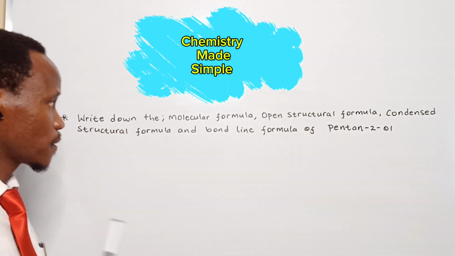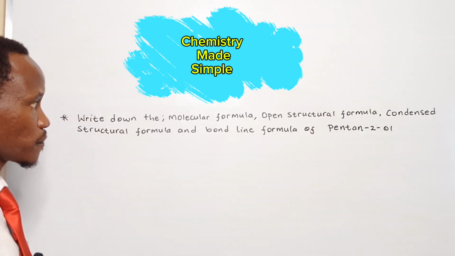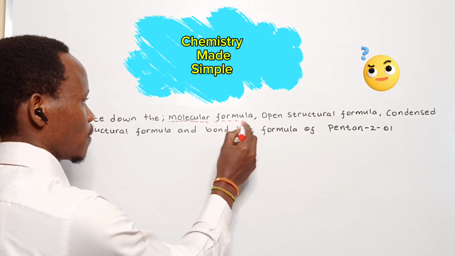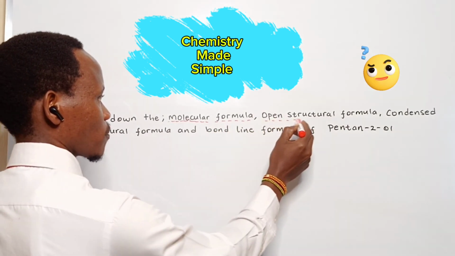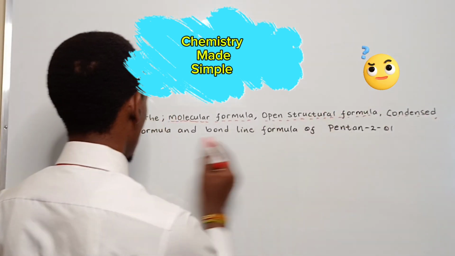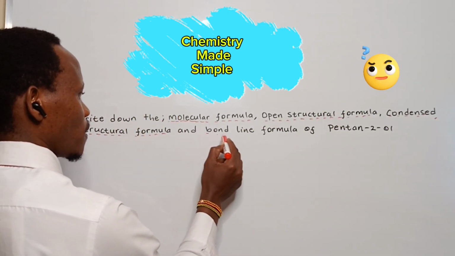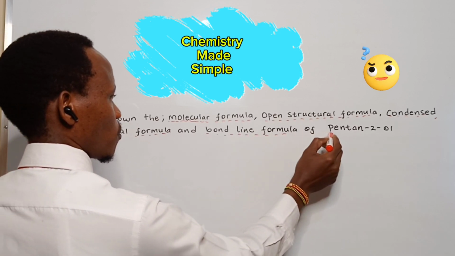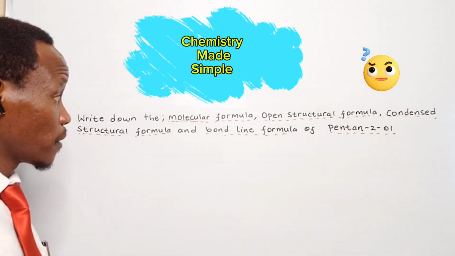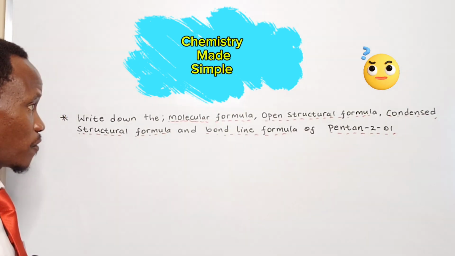In this example, we are supposed to write down the molecular formula and then the open structure formula, then the condensed structure formula, and bond line formula of pentan-2-ol.